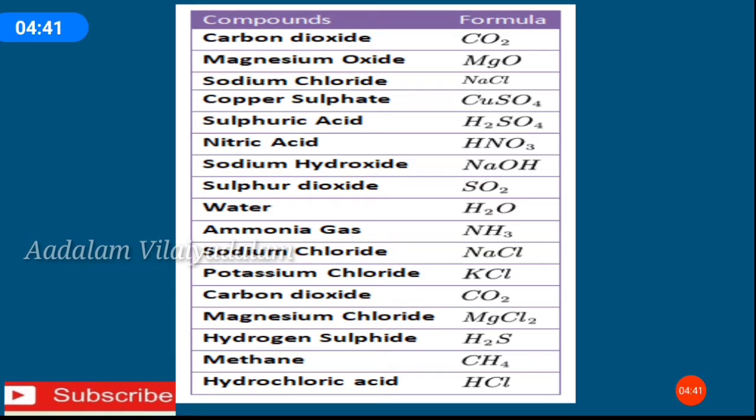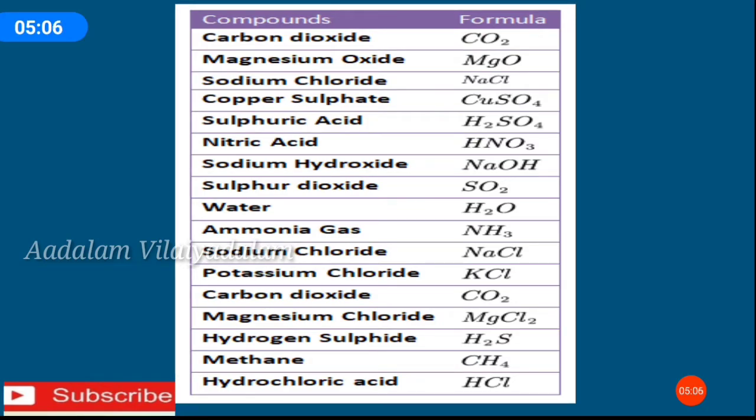Sodium hydroxide, NaOH. Sulfur dioxide, sulfur and oxygen, SO2. Water, H2O. Ammonia gas, NH3. What are the components in ammonia gas? Nitrogen and hydrogen. Sodium chloride, NaCl.